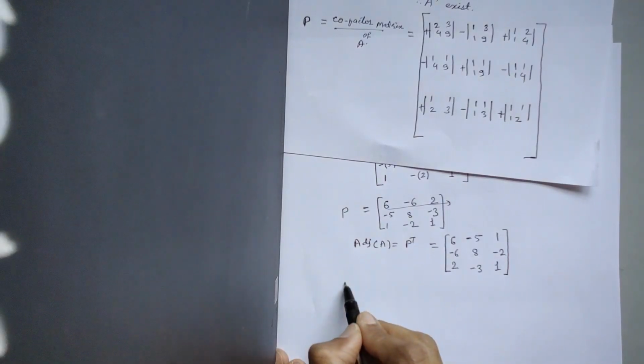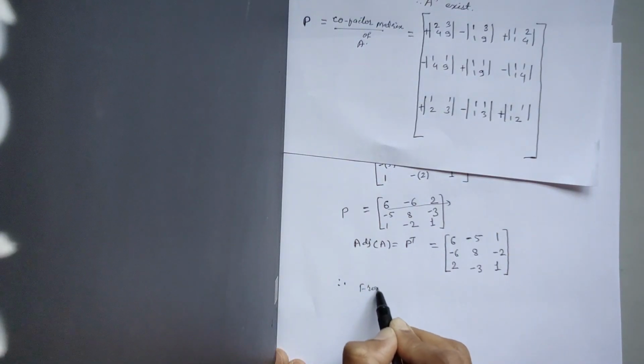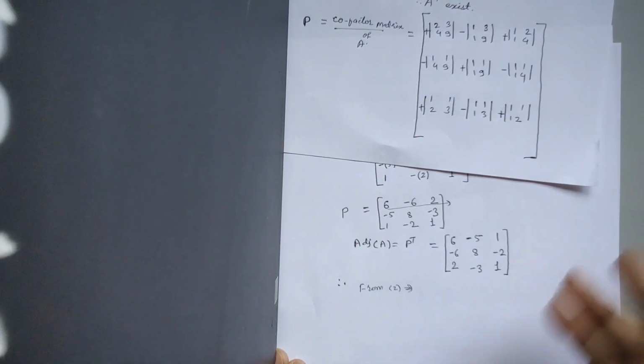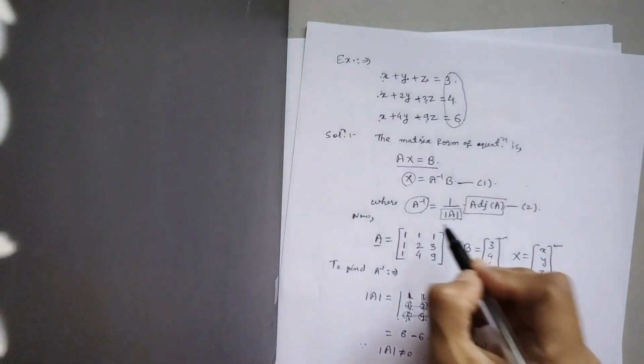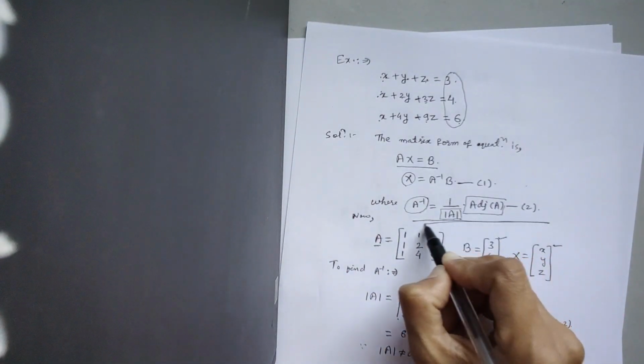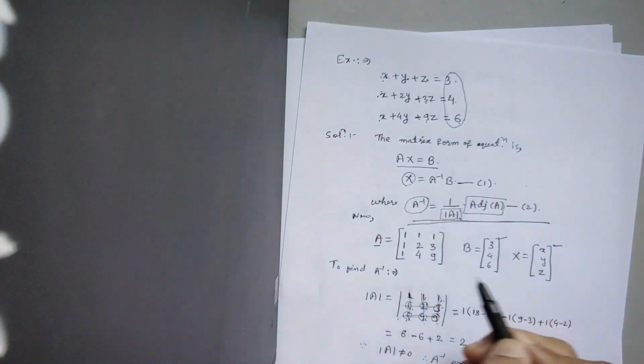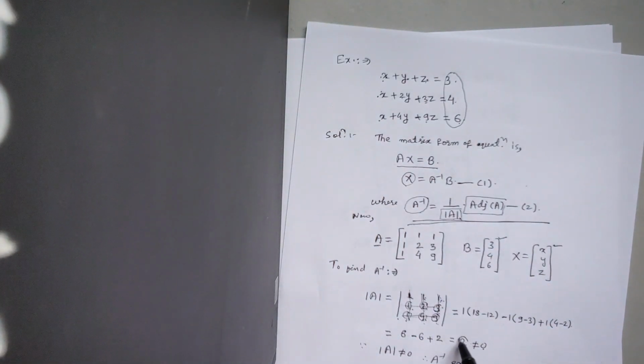Now therefore from equation 2, what is our equation 2? This one. So I am just substituting the values in this formula. What is the value of the determinant I get? 2.